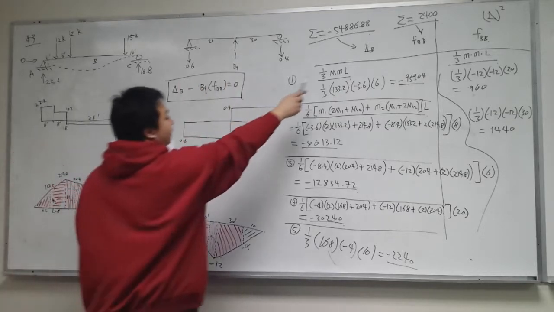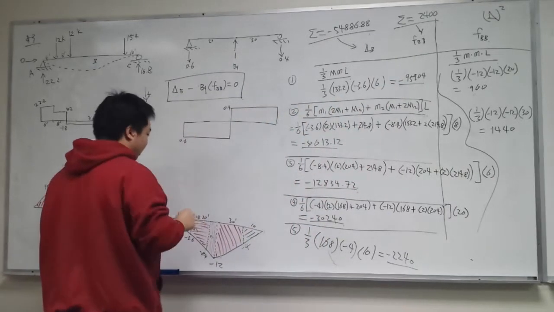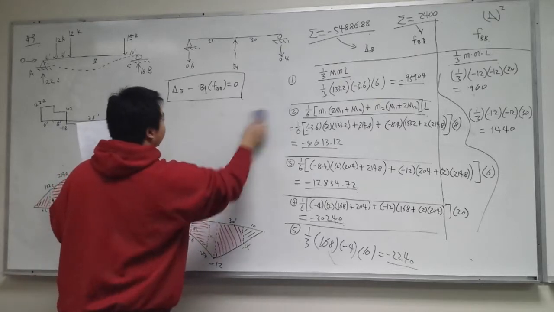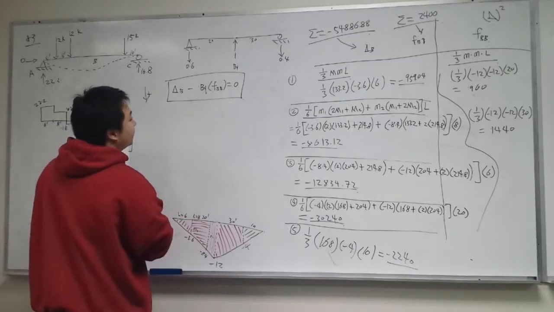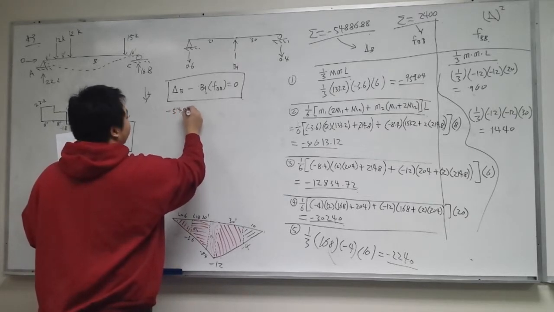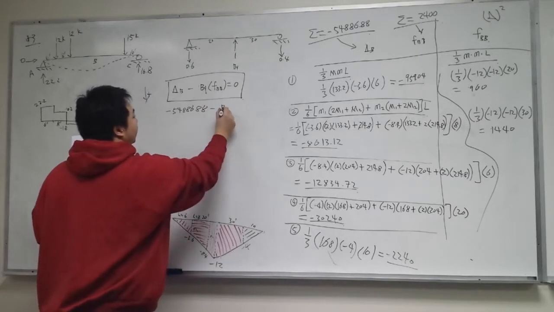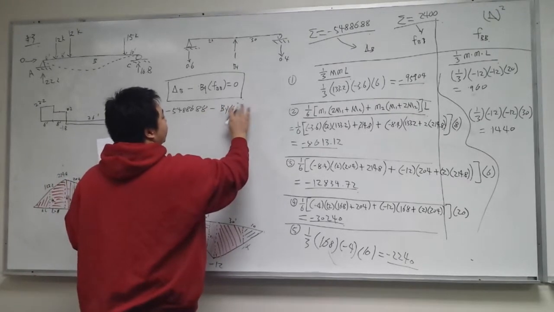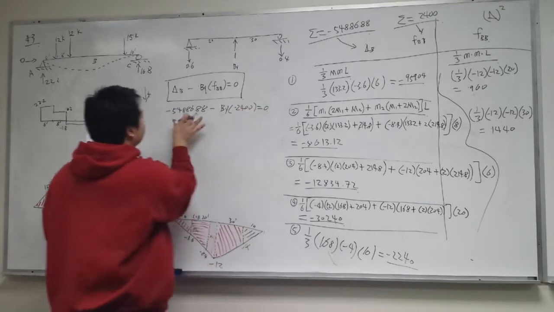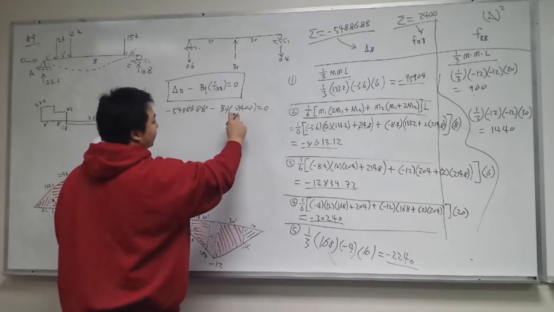So now we have WB and FBB. We can find FB, or By, I'm sorry. So let me erase this. You're going to have negative 54,886.88 plus negative By times 2400 is equal to 0. Bring this to that side, it becomes positive, but you have negative, so it becomes negative.